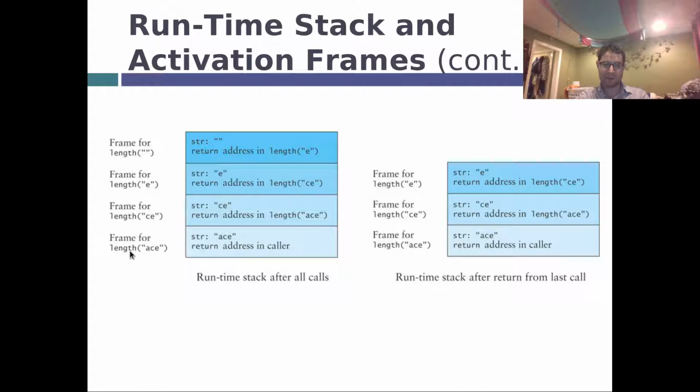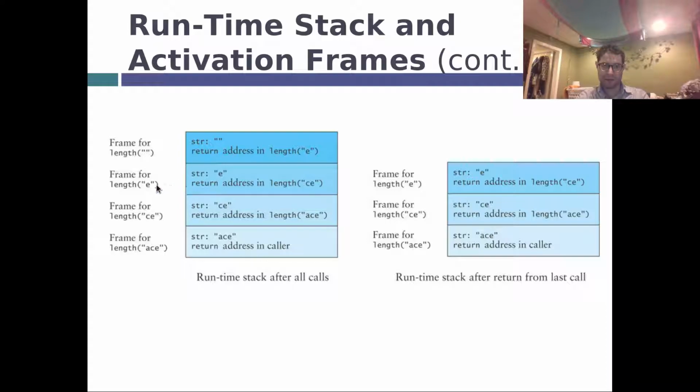So the bottom of the stack, this was called first. Length of ACE was called by someone else. We store that address there, and we also store the local variable ACE, the parameter that was passed in, rather. Then that's going to call length of CE, which will store CE in here, and it's going to have the return address of length of ACE, the method that called it, which in turn is going to call length of E, which will have the return address for the length that we were working in that had CE.